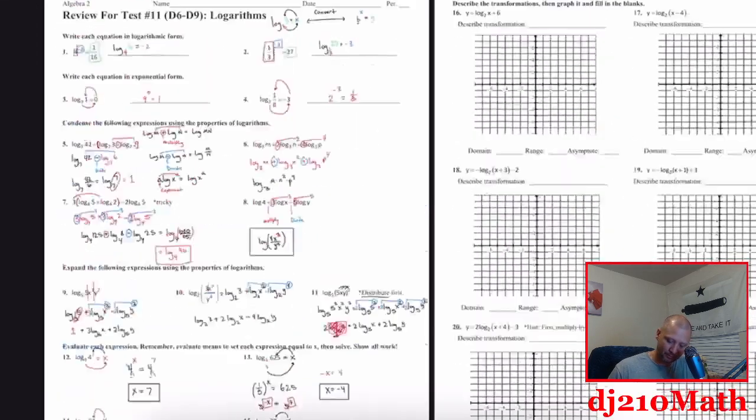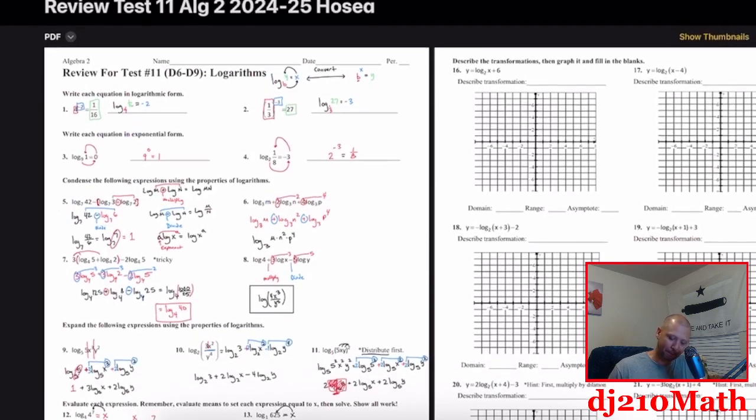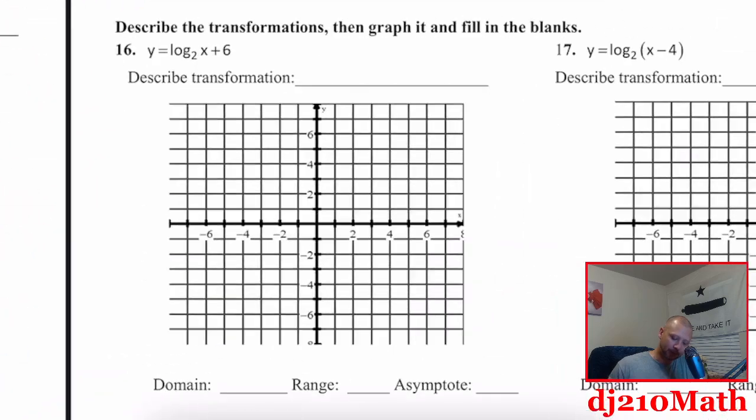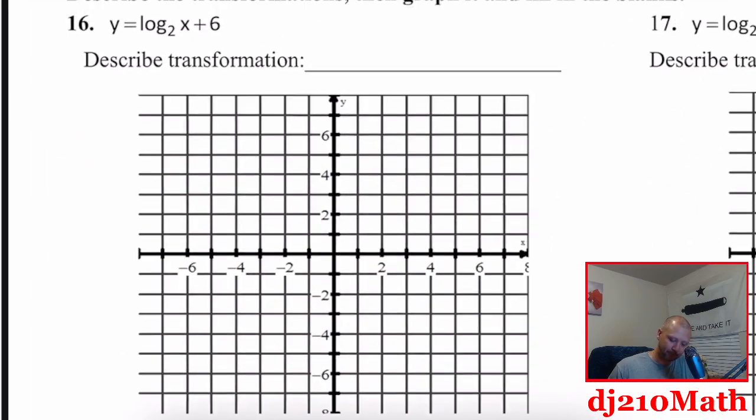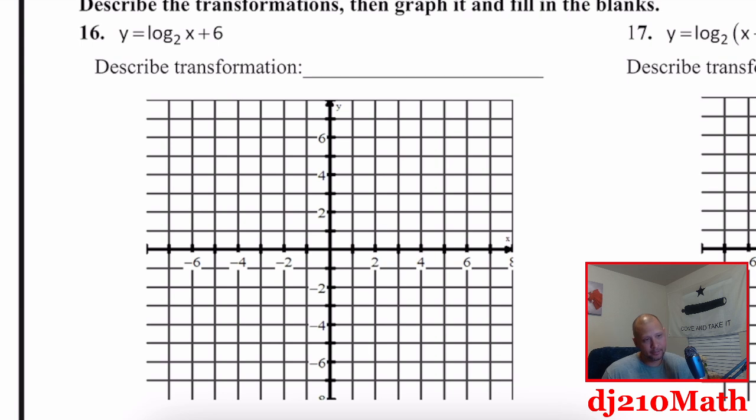All right. What we got next? Graphing. All right, bet. So 16. First thing you need are the parent function points. Every problem starts off this way. So the parent function points are here, here, here, and here. Right. 1/2, negative 1; 1, 0; 2, 1; 4, 2.